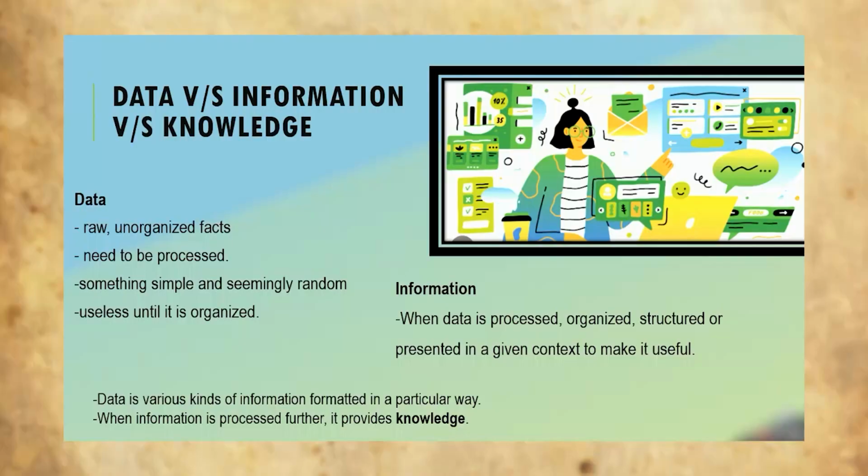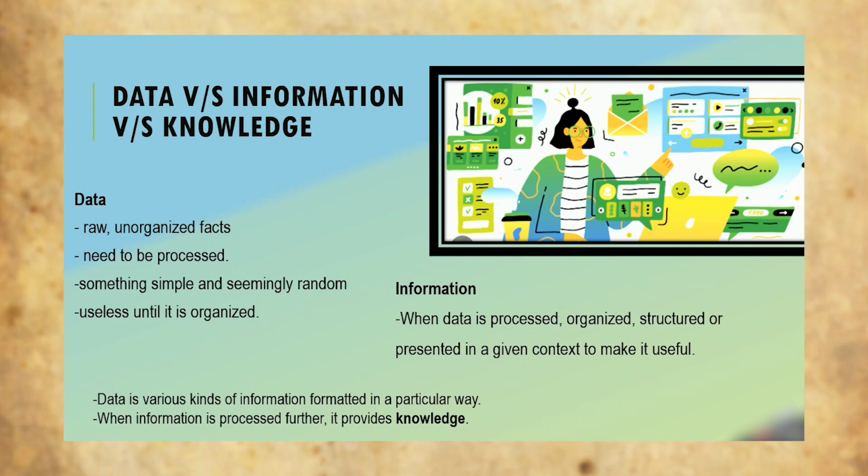Now, before trying to understand what the tools and techniques for data collection are, we will try to understand the term data. So basically, data is the raw, unorganized facts that need to be processed. It is something simple and seemingly random but useless until it is organized.